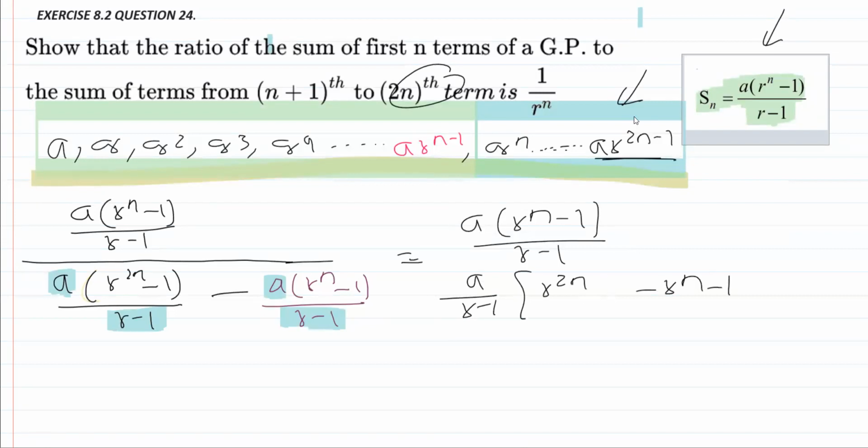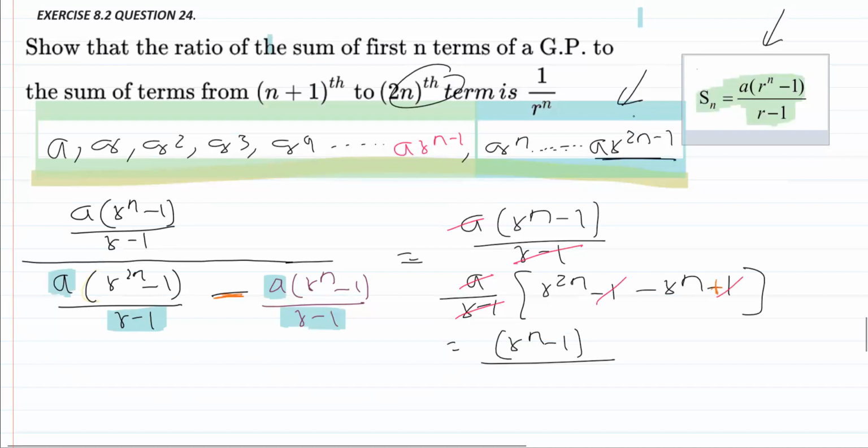Now, one mistake we made: while opening the bracket, this minus sign will influence this sign and it will become positive. So here again, minus 1 plus 1 get cancelled, and we are left with r raised to the power 2n minus r raised to the power n.